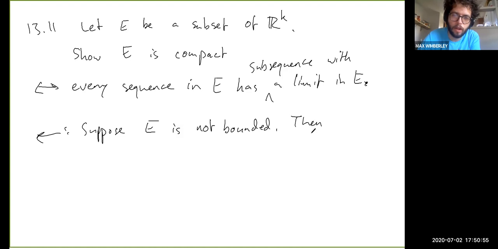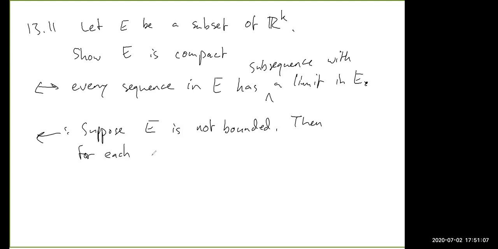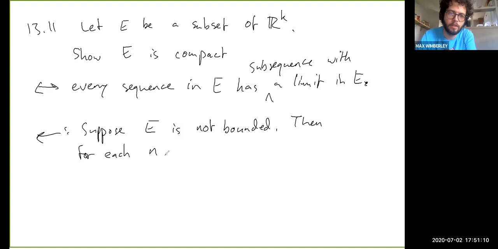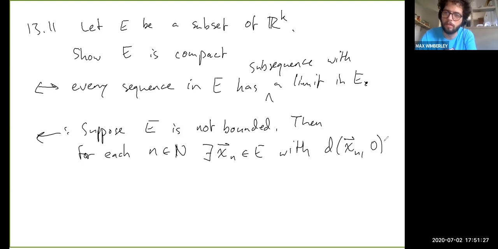Then for each n in N, there exists a point, say xn in E, with the distance from xn to 0 being greater than n, right?